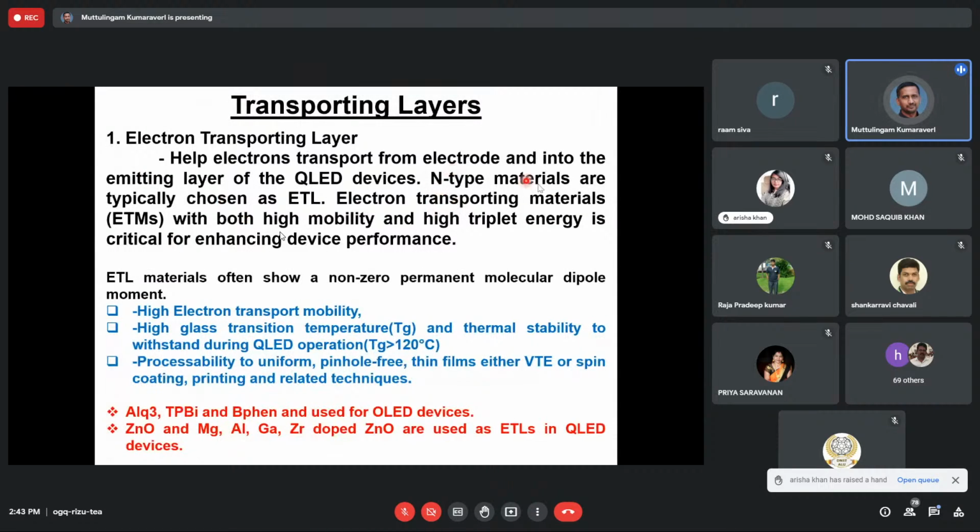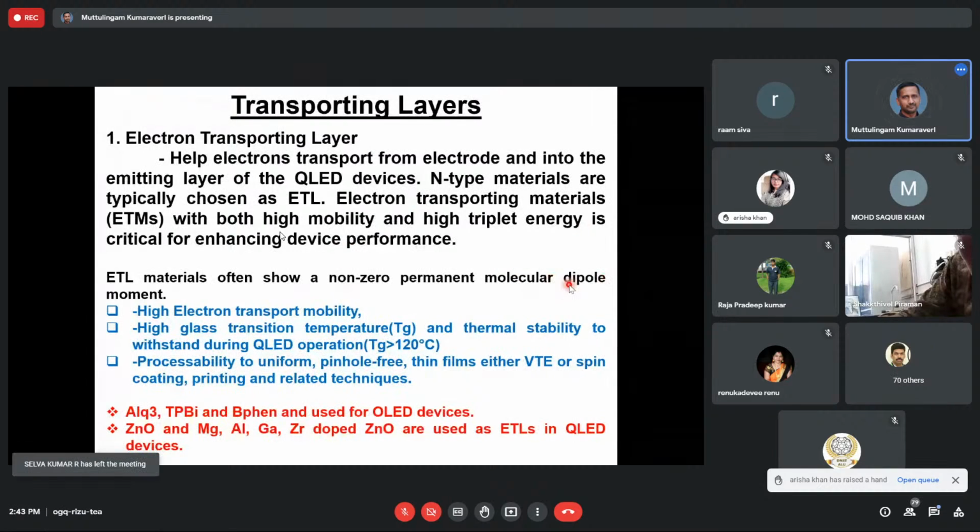An N-type material is typically used for making the ETL, the electron transporting layer. So this has to be high electron mobility, and high triplet energy to enhance the device performance. ETL materials have a non-zero permanent molecular dipole moment.